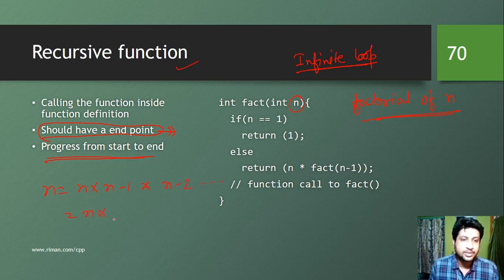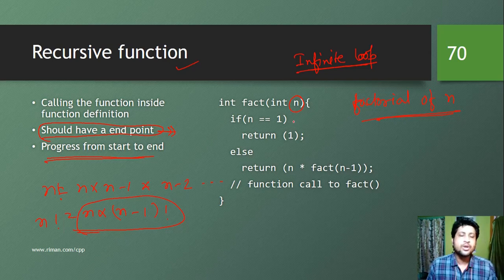From this we can conclude that n factorial is equal to n into (n minus 1) factorial. So this is the formula of recursion. From this particular equation, n factorial is equal to n into (n minus 1) factorial, we have concluded that we can actually manage to do the recursive version of this particular function.